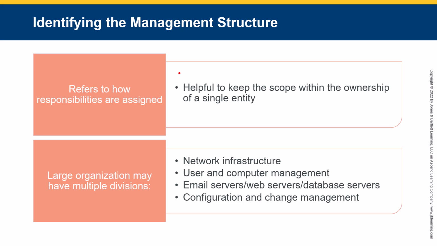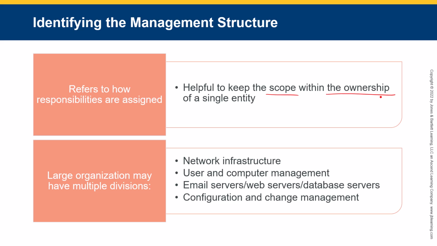So we need to identify the structure. So we need to refer to how responsibilities were assigned, and how large is the organization? Again, we need to be mindful of the scope and the ownership of the management and of the entity or organization.